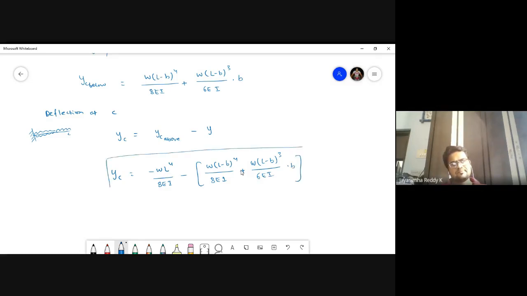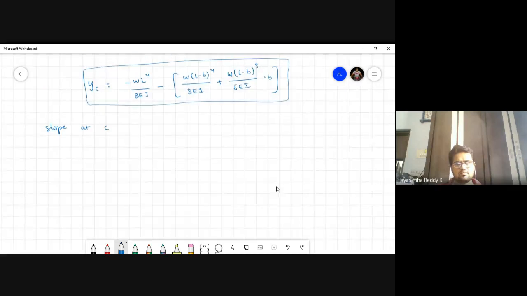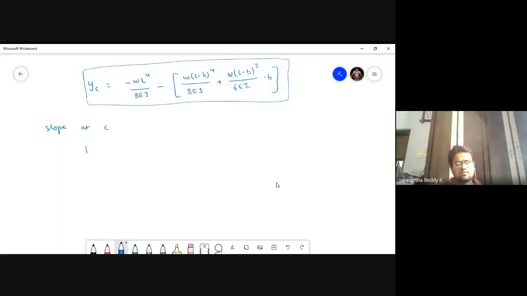Now, students, similarly we can do it for theta. Theta, the slope at C. Slope at C, so dy by dx at C is equal to minus WL cubed by 6 EI.